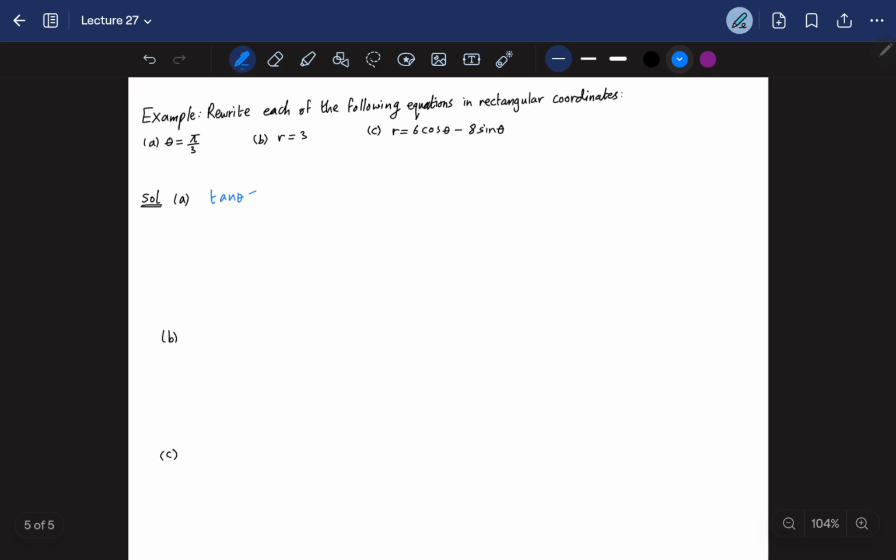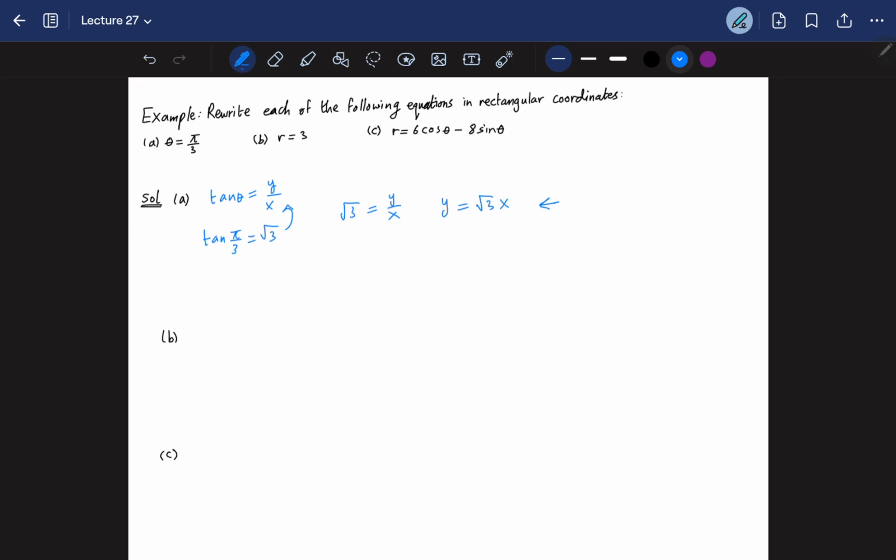Tan of theta is y over x. Now theta is pi over 3. And we know that tan of pi over 3 is just radical 3. So if you plug it back here, you're going to get radical 3 is equal to y over x. Cross multiply, you're going to get y equals radical 3 x. Equation of a line with rectangular coordinates.